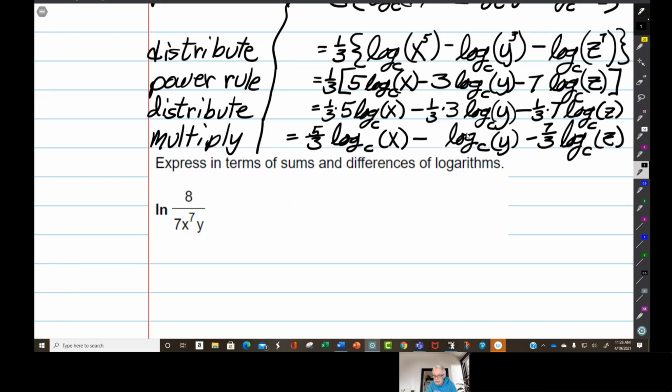And that is your answer. And we barely had enough room to fit it in. That's what you'd put in the answer box.